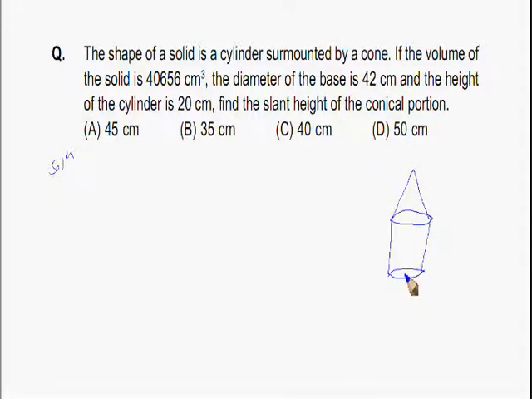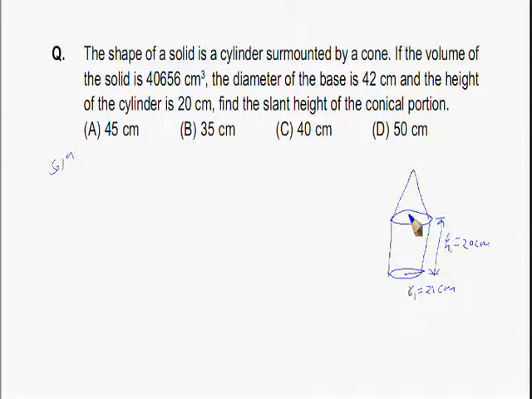The diameter of the base, it means we can say the radius. Let's say the radius of the cylindrical portion, that is R1, is equal to diameter divided by 2, that is 21 centimeter, and the height of the cylindrical portion, let h1 be 20 centimeter.